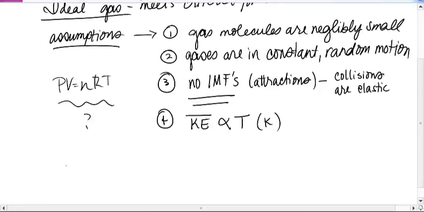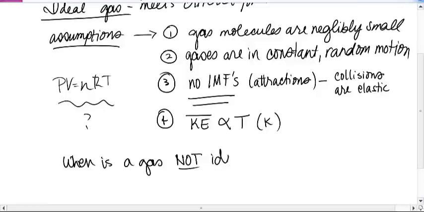So before we get into the math, I want to just mention, when is a gas not ideal? In other words, when does it not really meet those assumptions? That's going to be true in situations where you have either very low temperatures and/or, it doesn't have to be both, very high pressures.